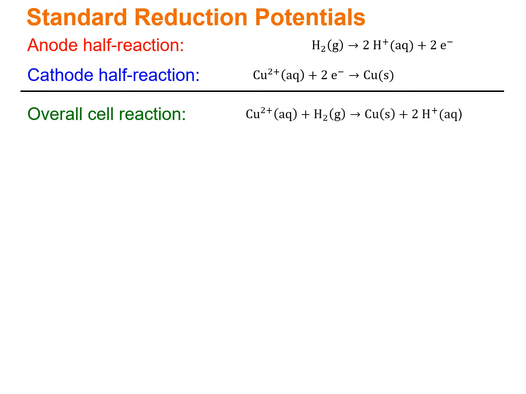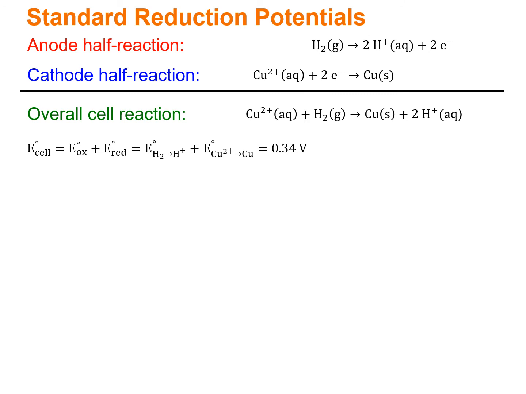This gives us the overall reaction you see there. If we want to figure out the cell potential, the voltage of the cell is going to be the oxidation plus the reduction. In more explicit detail, the oxidation is H2 going to H plus, and the reduction is copper 2 plus going to copper. We add those up and we get a value of 0.34 volts.